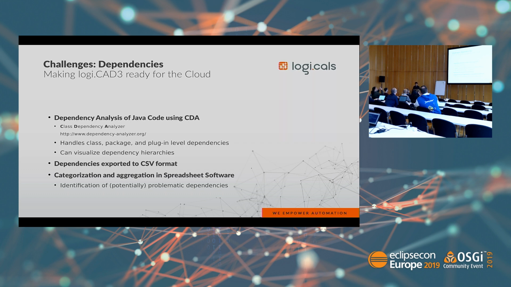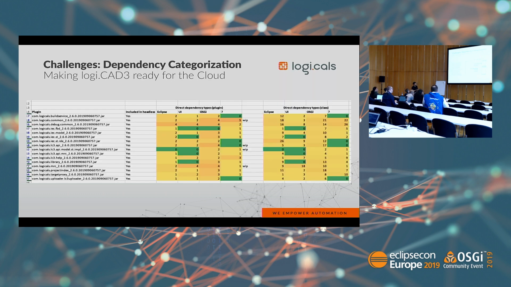It does not only visualize the dependencies, it's also capable of generating CSV files that can be used to get a very nice view of what needs to be done. So basically, we created a spreadsheet that showed us where work is needed the most to get the dependencies right. Green is okay, and the darker the yellow or reddish, the more work needs to be done here.